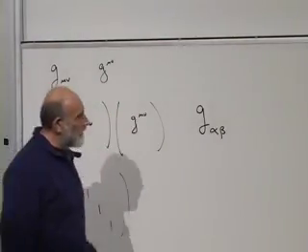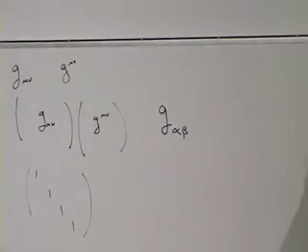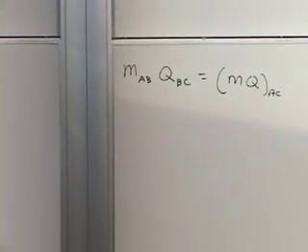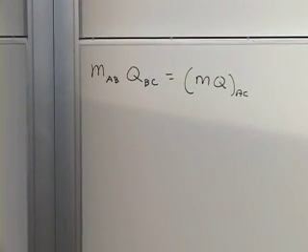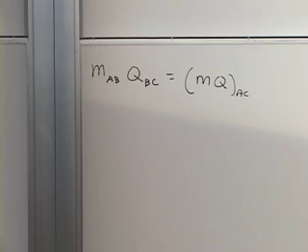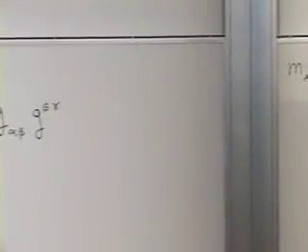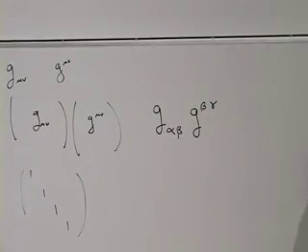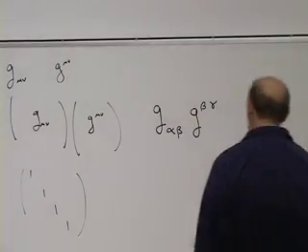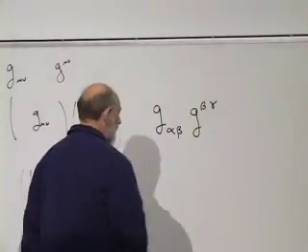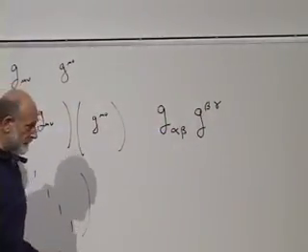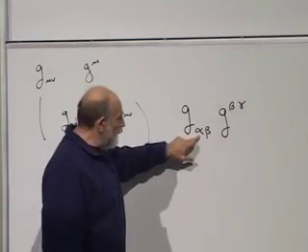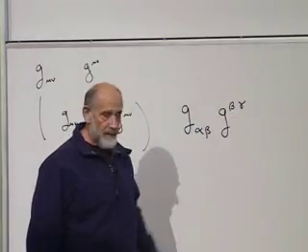Next to it, we put the other matrix that we're multiplying by it, G with upper indices beta gamma. That's the same logic as M A B, Q B C: G alpha beta, G beta gamma, and sum over beta. That gives us a matrix with an alpha index and a gamma index.